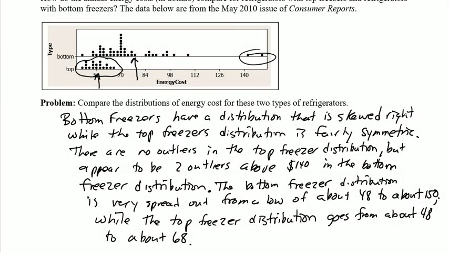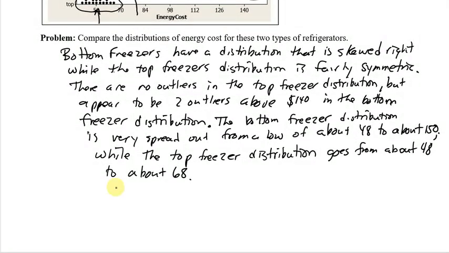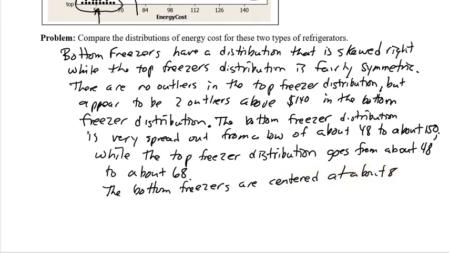So we say the bottom freezers are centered at about 80, while the top freezers are centered at about $56, right?